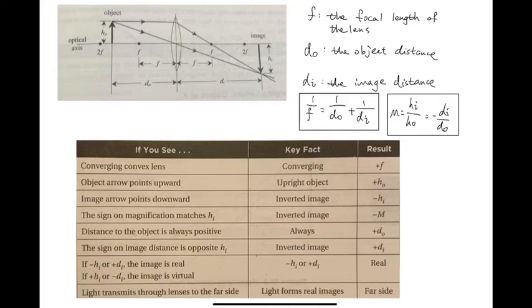For example, when solving for f, the answer for 1 over f will be one of the available choices. After solving for 1 over f, remember to invert to find f. And on the right is the magnification formula and sign conventions. In the table below, it summarizes the signs for the variables and the equations shown above.